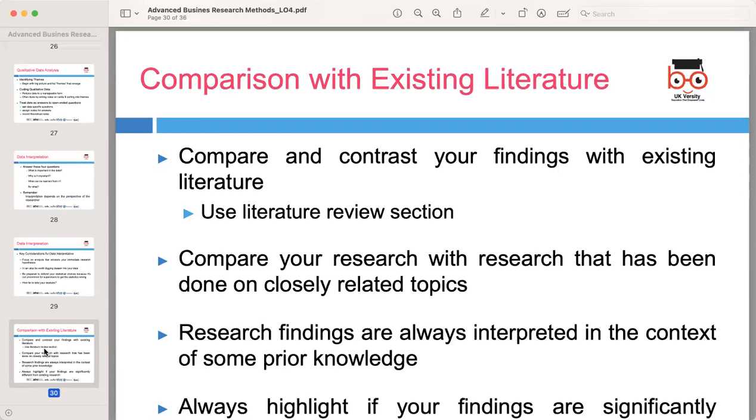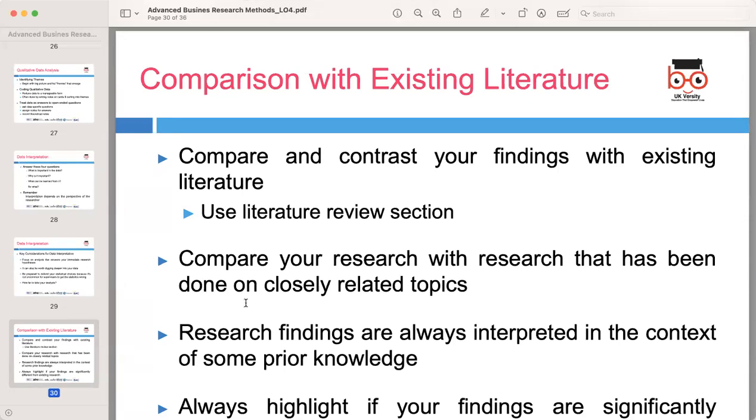So these differences may arise due to various factors such as differences in research methodology, sample sizes, or the specific context of our study. So it is essential to acknowledge these differences and critically evaluate the potential reasons behind them. This allows us to contribute to the ongoing scientific discourse and expand our understanding of the topic.